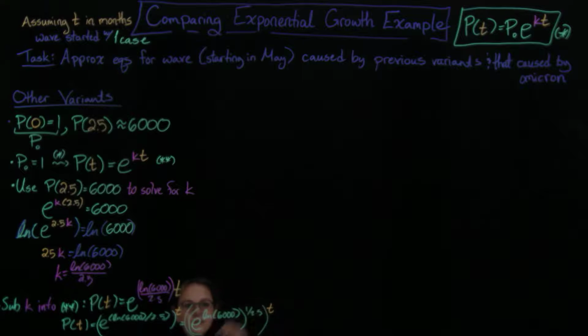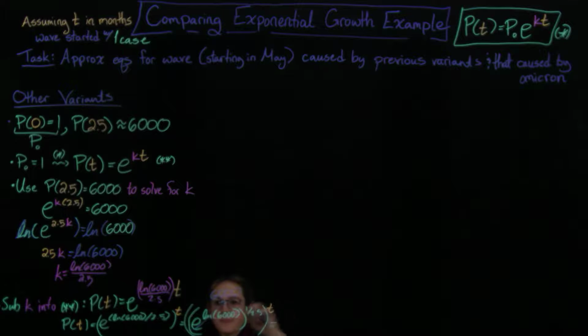But I know what's going on in here: this whole thing is just going to cancel to be 6,000. So now I'm almost there, so this is going to equal 6,000 to the 1 over 2.5 power, to the t.